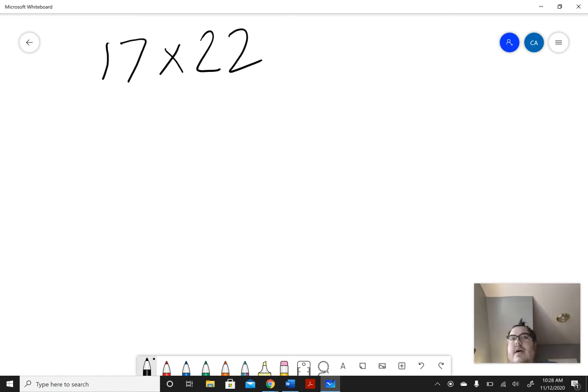Makes sense? So what we're going to do is put this into standard algorithm. When we think about standard algorithm, I always think about standard stacked. We're stacking numbers and multiplying them that way.